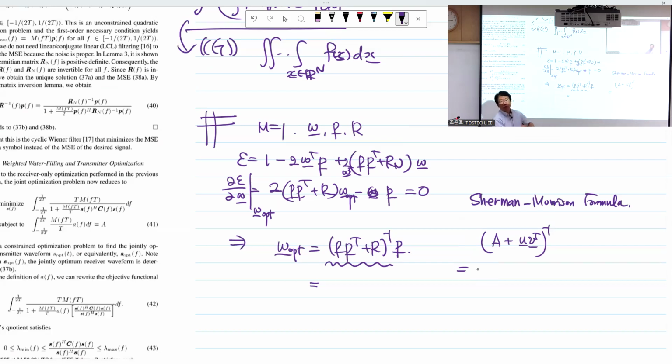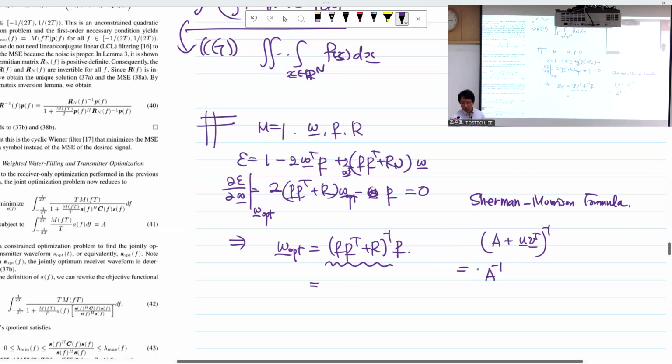So if you just Google or Wikipedia the matrix inversion lemma, even the Sherman-Morrison formula may not appear. They say that it's too obvious.